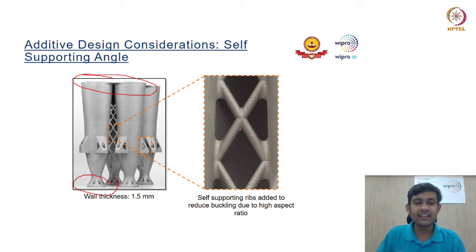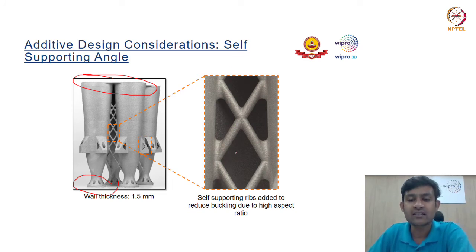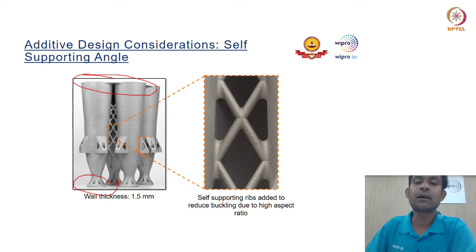As you can see, these ribs are self-supporting and no support was required to manufacture them. Also, once my build is complete, with such a high aspect ratio I have very high chances that my thin walls may buckle. So in order to avoid buckling, structural integrity is very important, and these ribs are helping me avoid buckling.